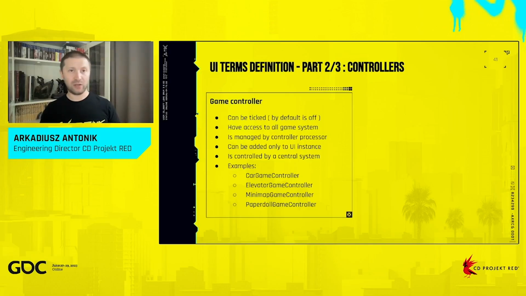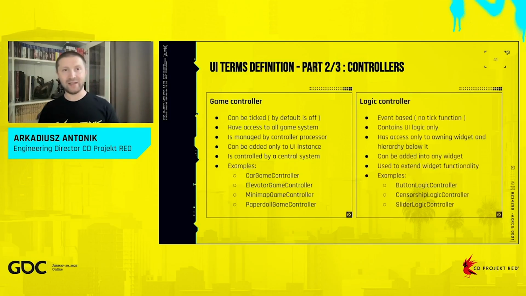It can manipulate values, play animations, spawn some sub-instances, or remove widgets, all based on information gathered from game systems. What's important? It could be tickable, passively or actively.